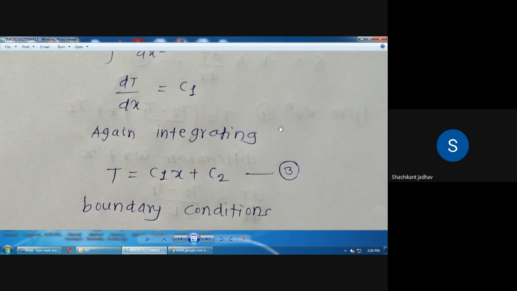So this is the first boundary condition. And then what is the second boundary condition? At x is equal to L. If x is equal to L, meaning the thickness of the component is considered as L, then what is T equal to?